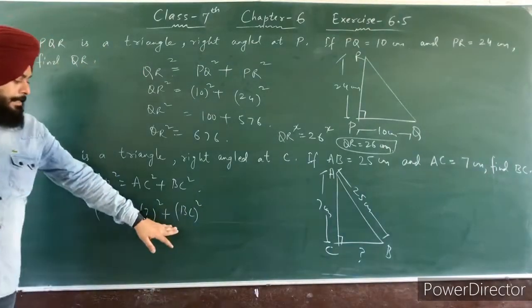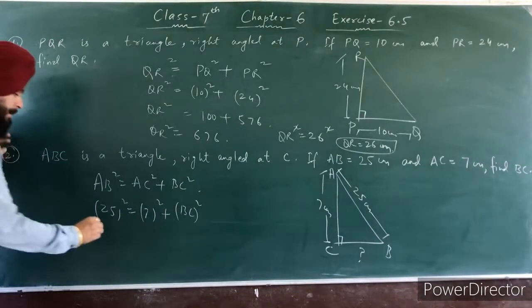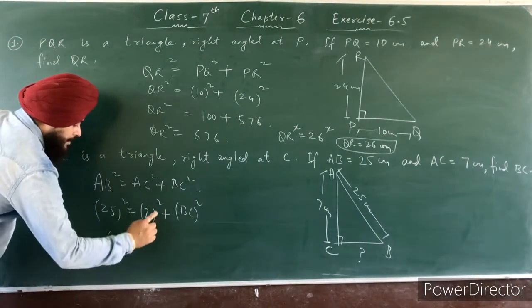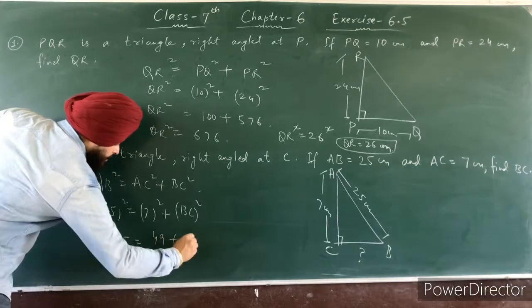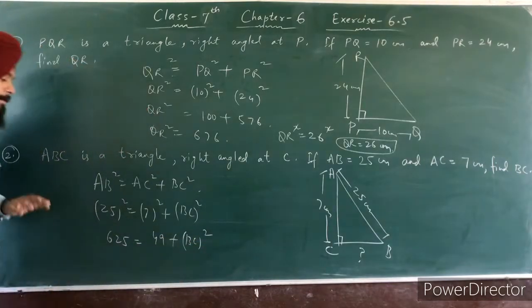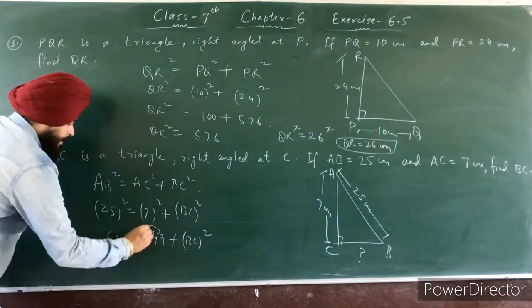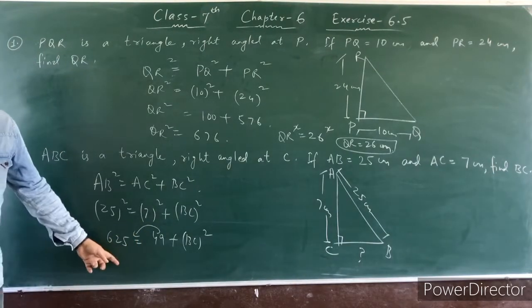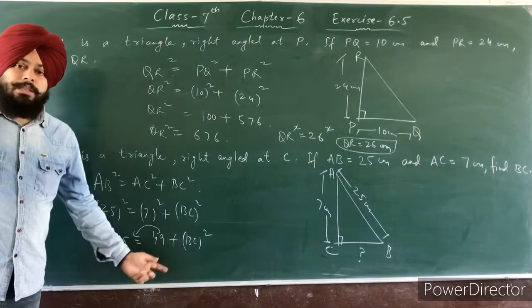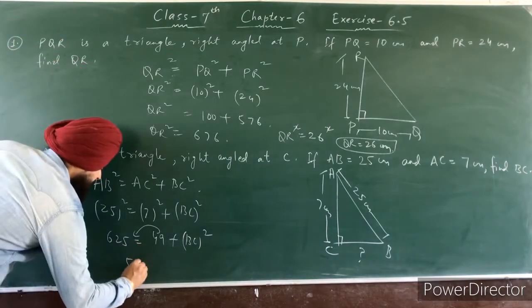So BC is written as this. Now 25 square is 625 and 7 square is 49. To take this 49 to the left hand side, it is subtracted from 625. So 625 minus 49 is 576.